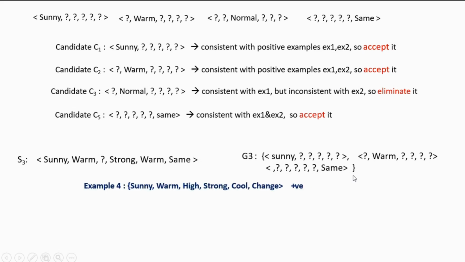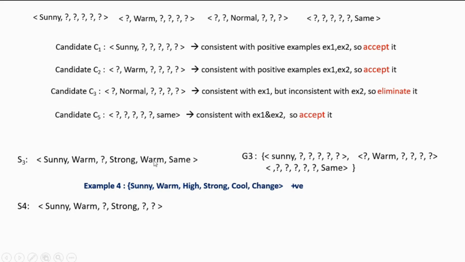Now the fourth example is considered. This fourth example is a positive example. Now we have to generate S4. Comparatively, the first attribute is the same, keep it. The second attribute is also the same, keep it. The third attribute, the more general is question mark, so keep it. The fourth attribute, both are strong, keep it.